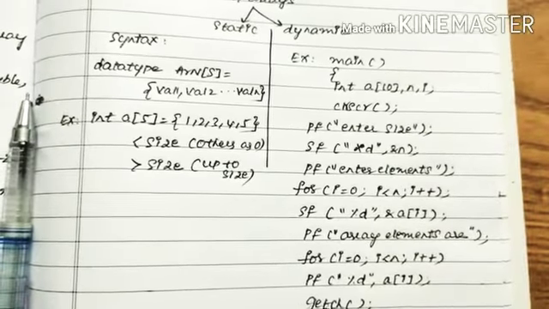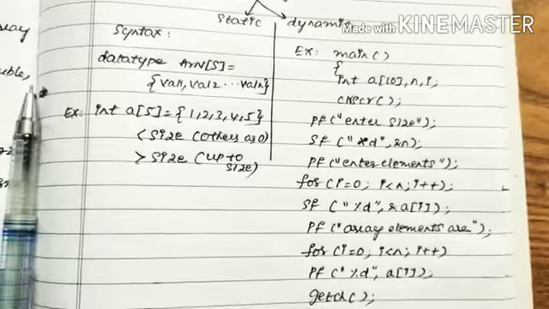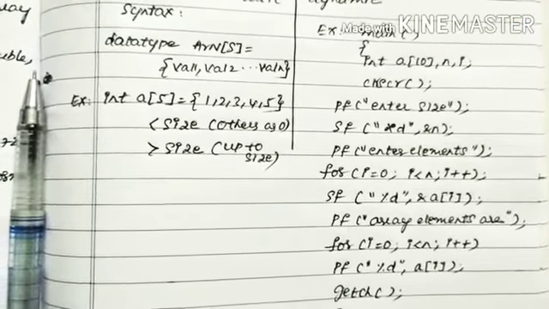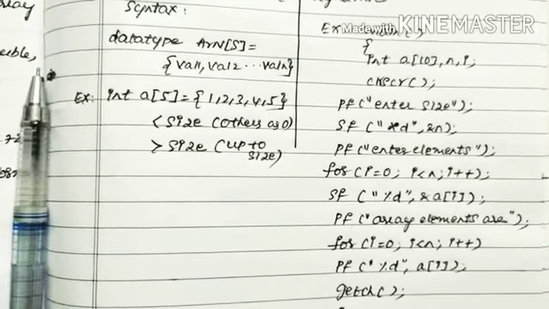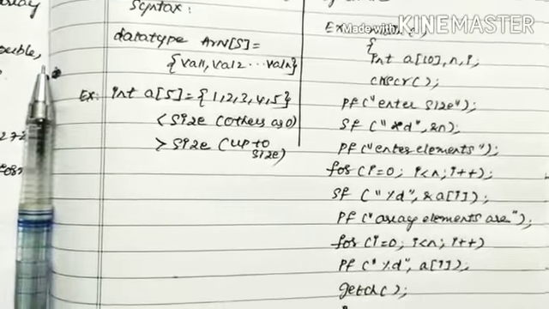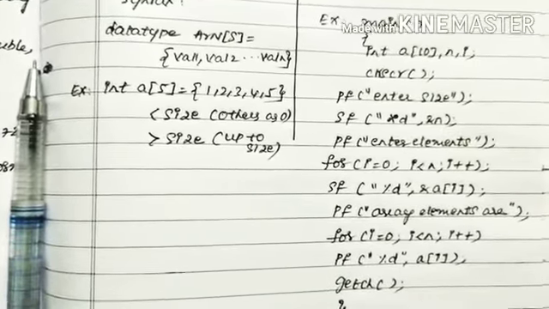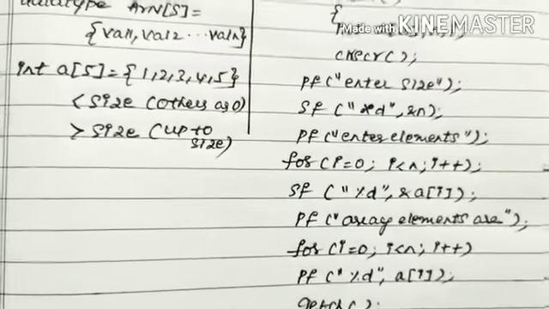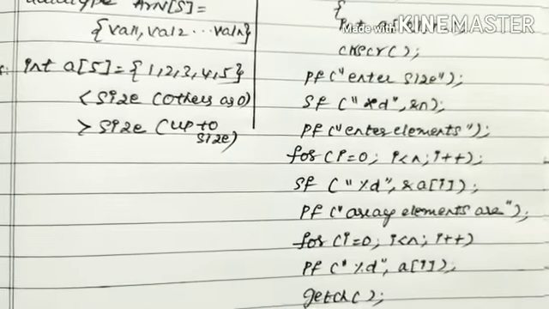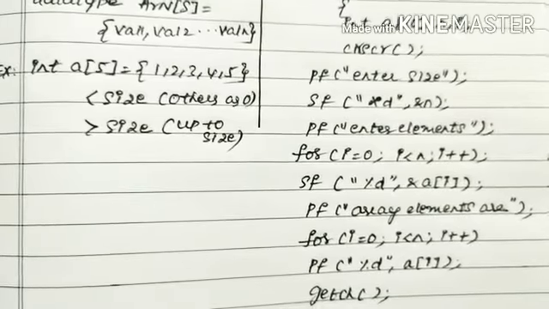Now let us learn about dynamic initialization of arrays. In dynamic initialization, we give the input data through a program, as in the example. Let us see the example in detail. Program execution starts from main only.